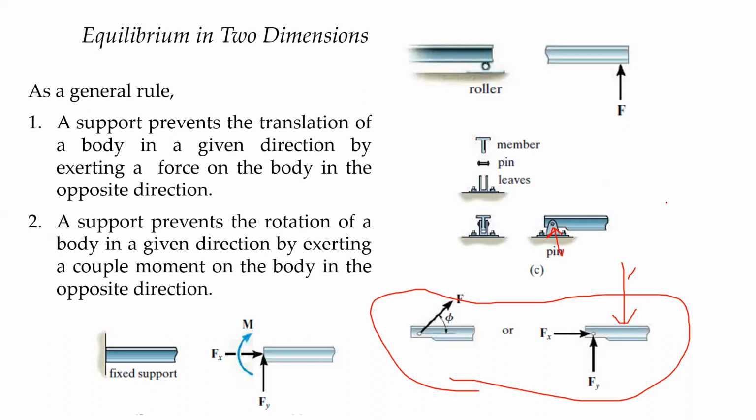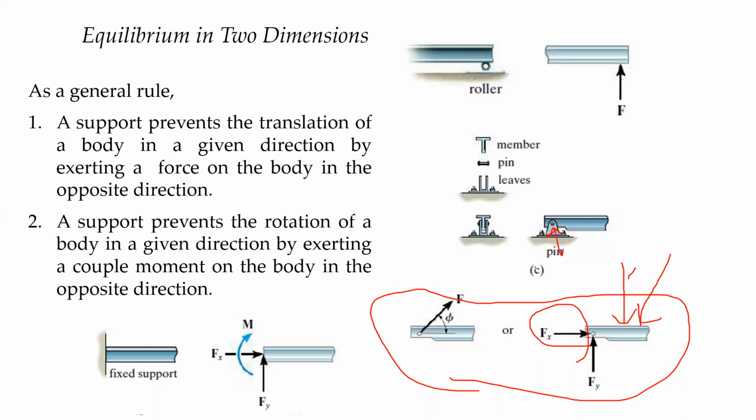It will move. So our support prevents translation. Also, if I have a force going down to the right, my horizontal force F sub x resists that force. Now, a pin supports a horizontal and vertical force, while a roller, sorry, supports only a vertical force.